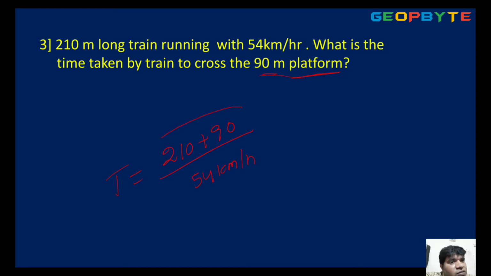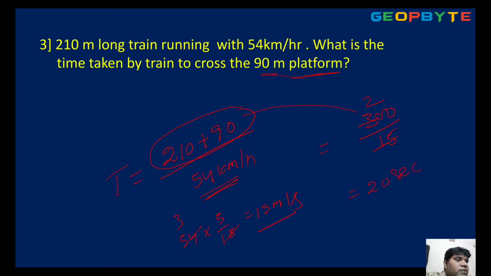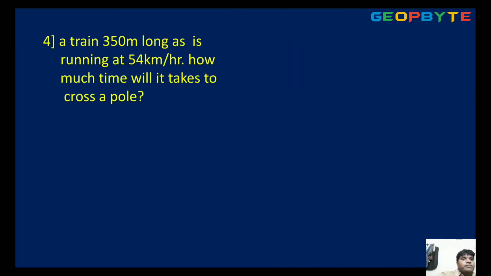Numerator is in meters, denominator is kilometers per hour, so 54 compulsorily convert into meters per second. 5 by 18. 18 threes, 3 fives, 15 meters per second. Now apply directly. So 300 upon 15. 15 twos. So 20 seconds. Okay, children. Next.